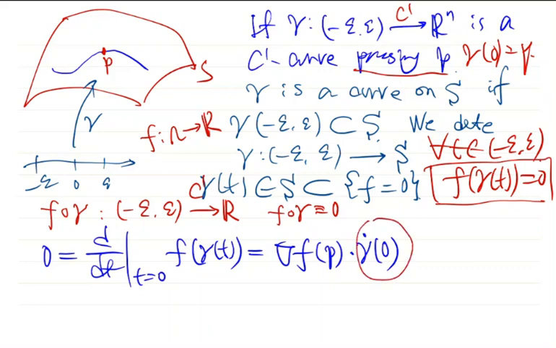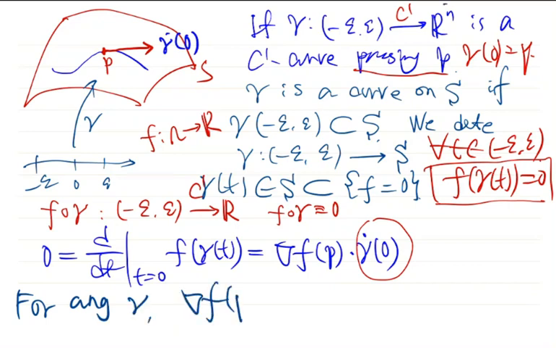This is the tangent vector to the curve gamma at the point P. So we find that for any such gamma, the gradient of f at P is orthogonal to the tangent vector.